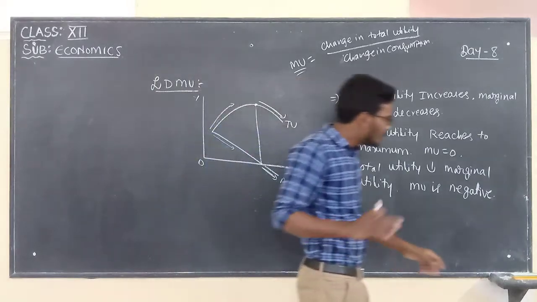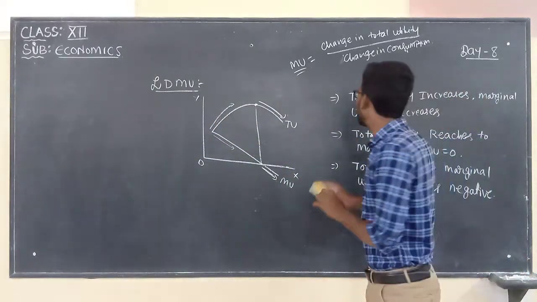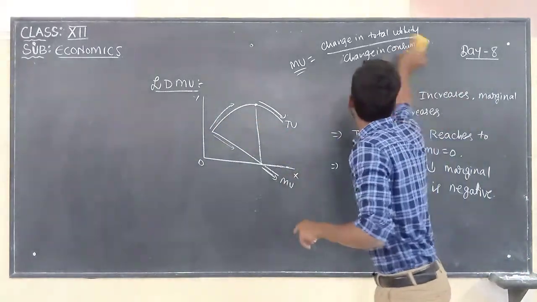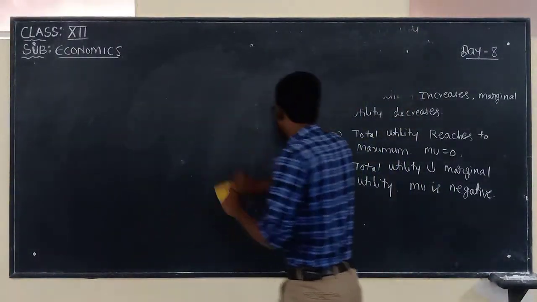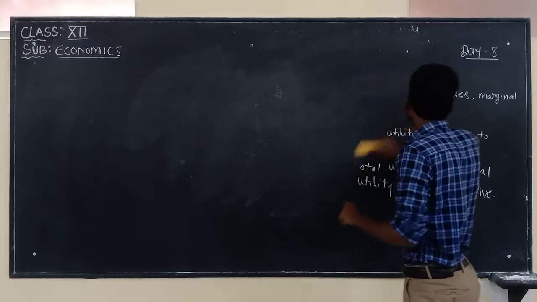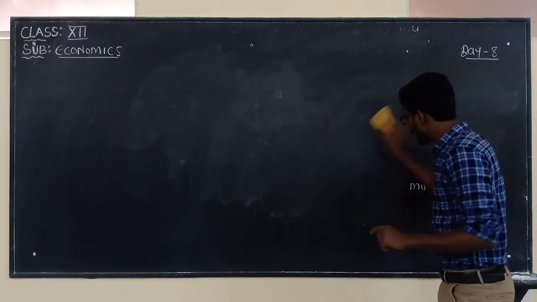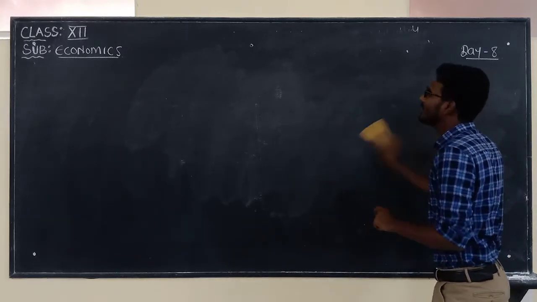Okay, let us move on to the next topic that is related to the law of diminishing marginal utility. So now, how is the demand curve derived?